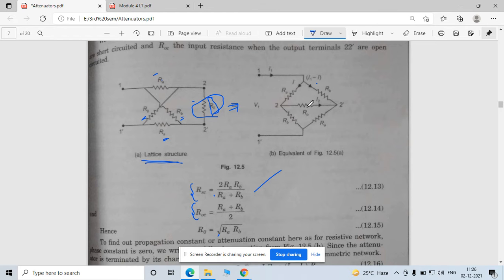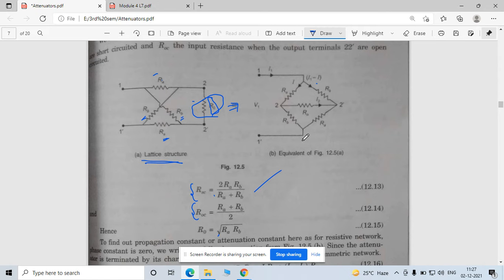So once you short circuit this terminal, the equivalent resistance across these two ports is nothing but these two resistances in parallel, with a series combination of these two resistances. So this is nothing but 2 Ra Rb divided by Ra plus Rb. The same way, second thing, you have to calculate the open circuit resistance across these two terminals.